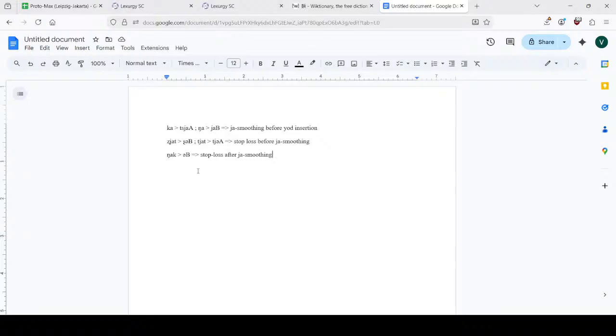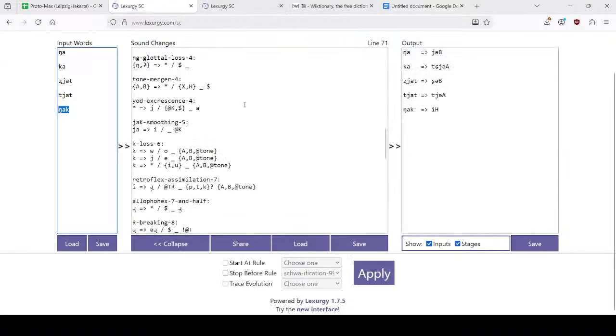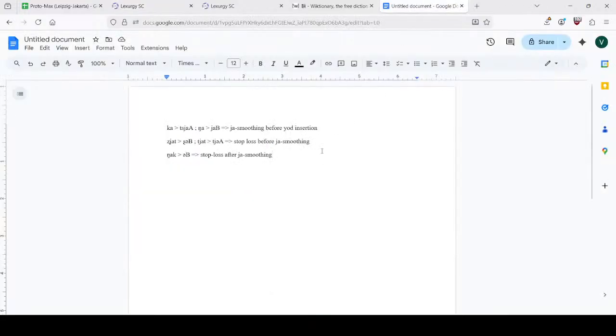Because if... huh, that's weird. That's weird, I think. So okay, so yod smoothing happens before yod insertion, and then both of these are stop loss before yod smoothing.